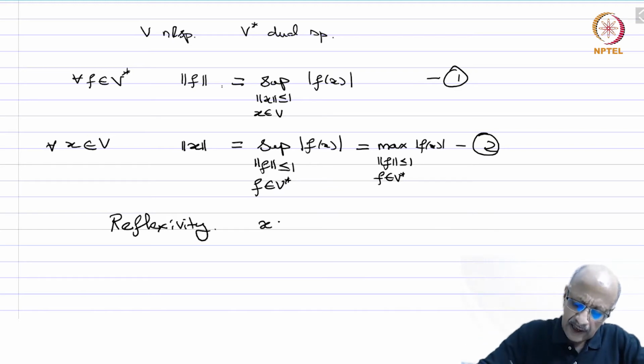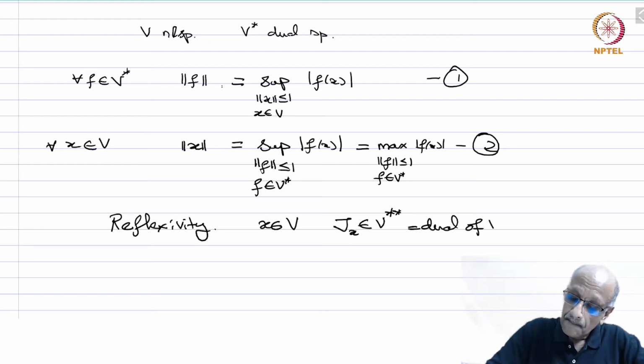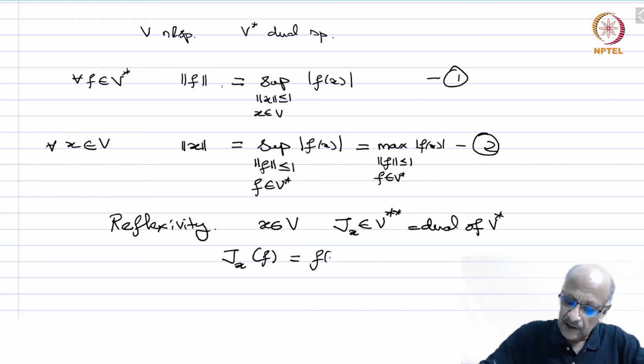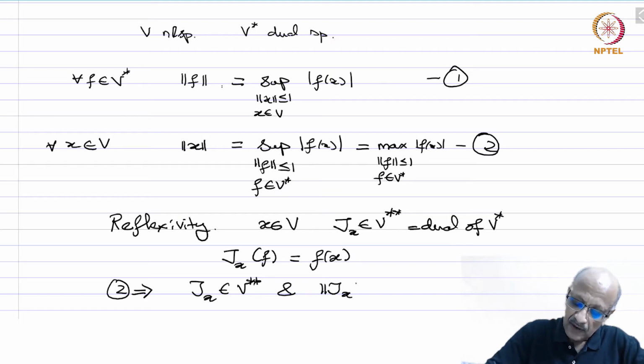So let us take x in V and I define Jx in V double star, that means the dual of V star, by Jx acting on any f is nothing but f of x, the evaluation of f on x. Then what does 2 imply? 2 implies that Jx belongs to V double star, and in fact norm Jx is equal to norm x.